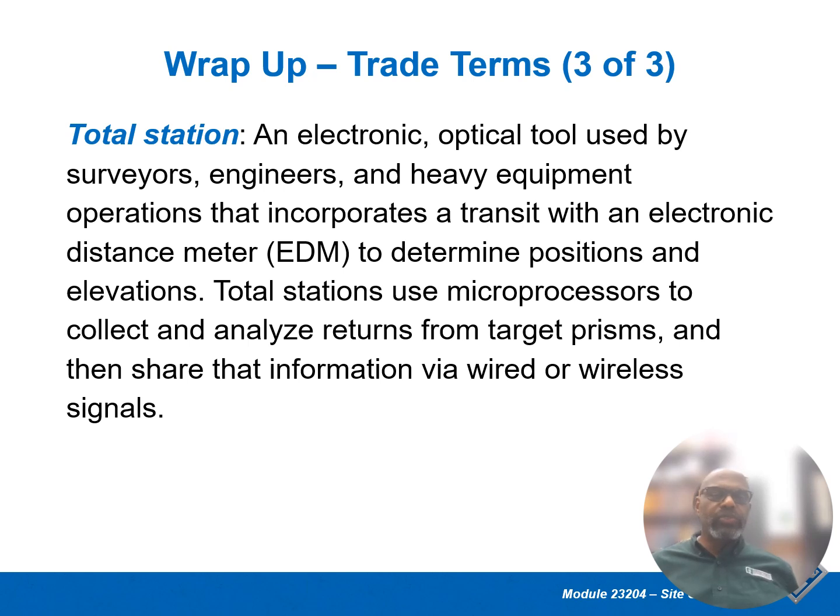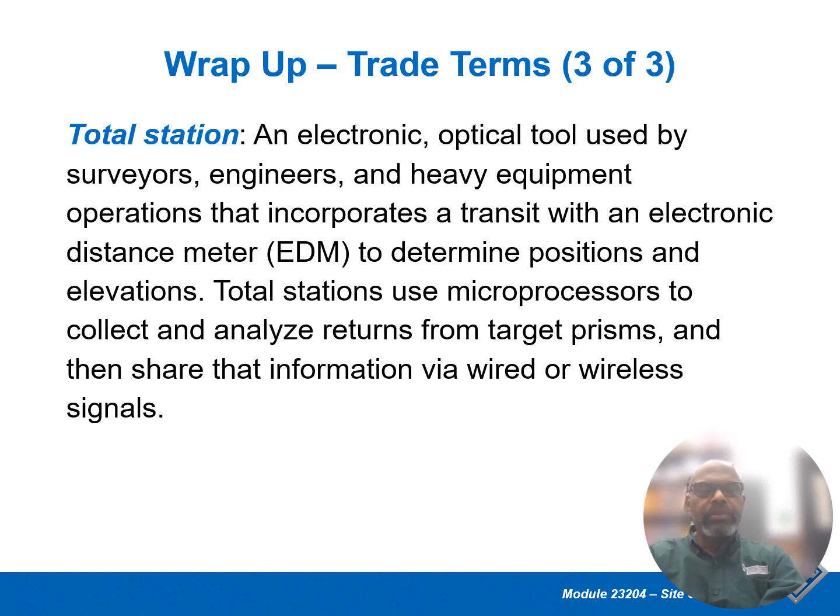A total station is an electronic optical tool used by surveyors, engineers, and heavy equipment operators that incorporates a transit with an electronic distance meter to determine positions and elevations.